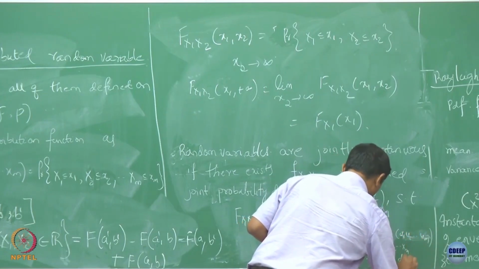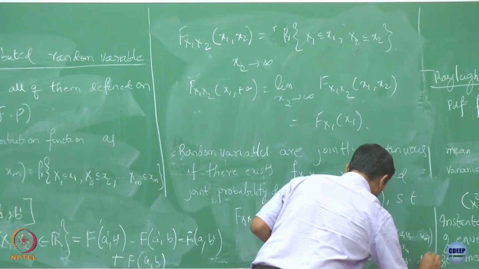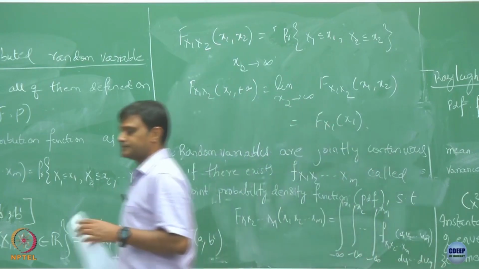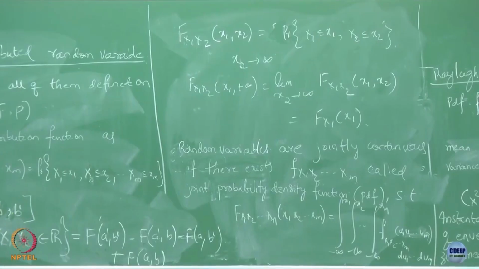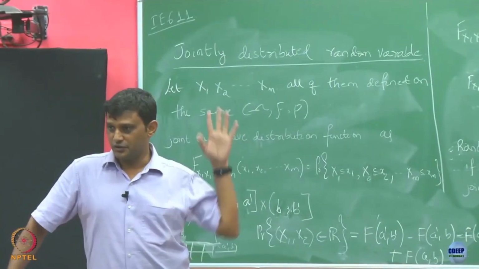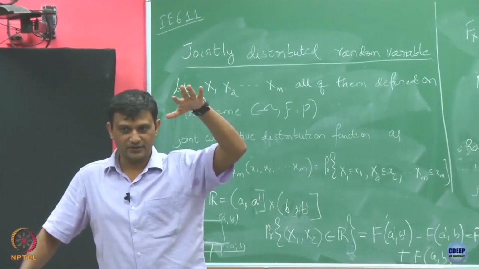This is just a generalization of what we mean by a continuous random variable to jointly continuous random variables.